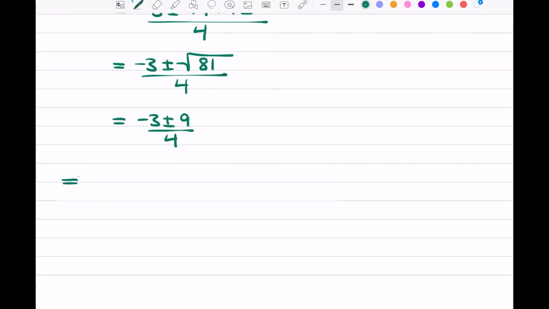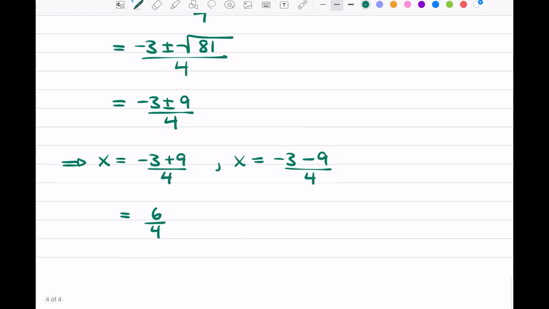Now we can consider our two roots. We have x equals negative 3 plus 9 over 4, and x equals negative 3 minus 9 over 4. On the left side, we have negative 3 plus 9, which is 6. And 6 divided by 4 gives us 1 and 2/4, which we can reduce to 1 and 1/2, or we can write it as 1.5.